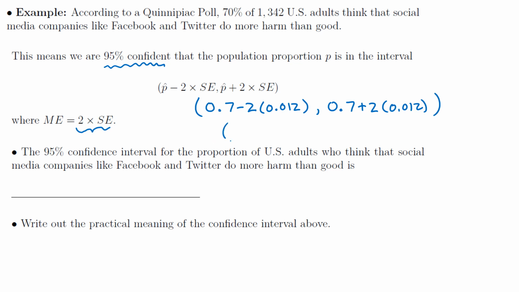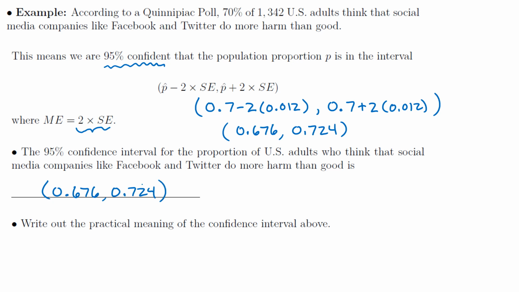And so when I make that computation, 0.676 and then 0.724. So that is my 95% confidence interval for the proportion of the population that thinks social media companies do more harm than good.